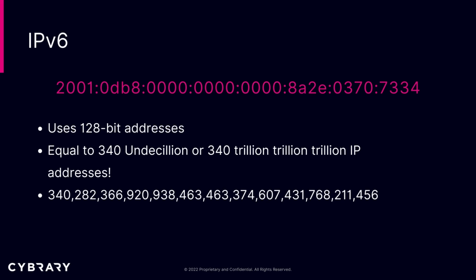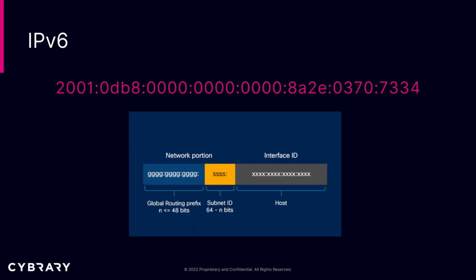But before we do that, let's break down the structure of IPv6. IPv6 has a network portion, which is the first three octets. Then it has a subnet ID for identification, and that's the next section. And the last four sections would be the host section.